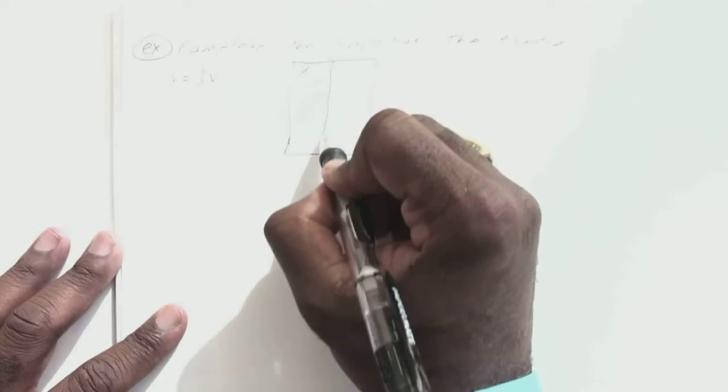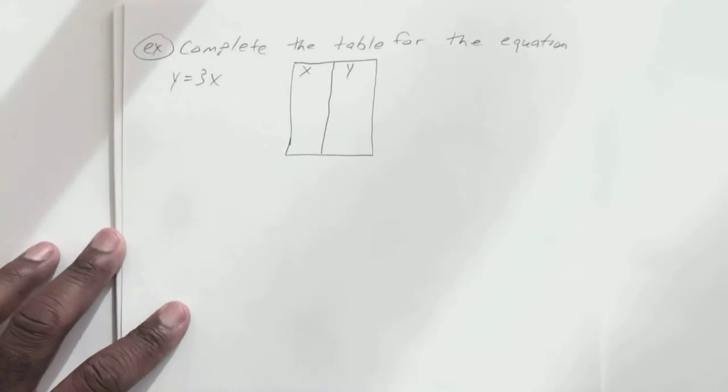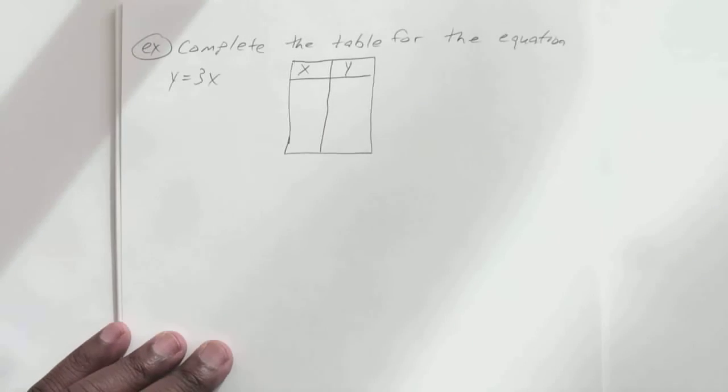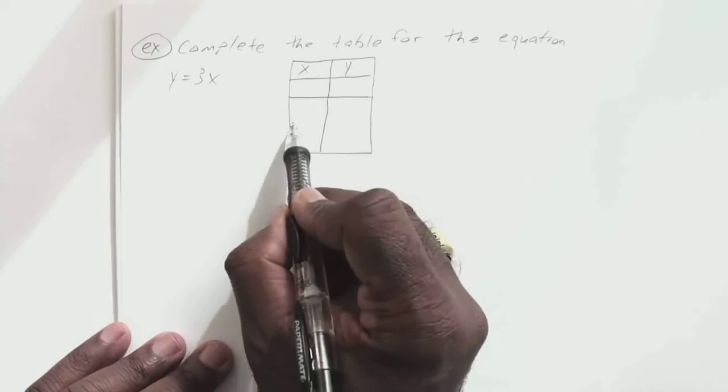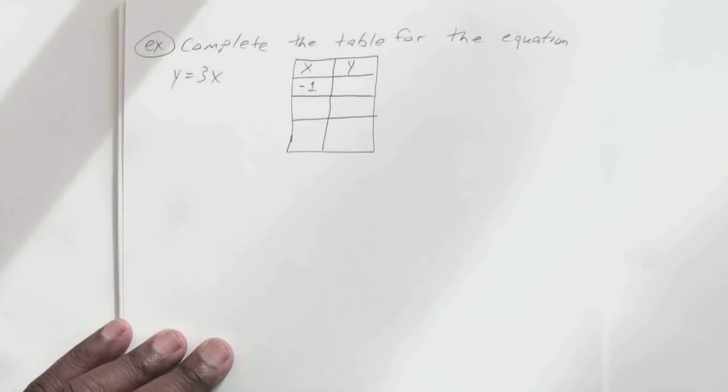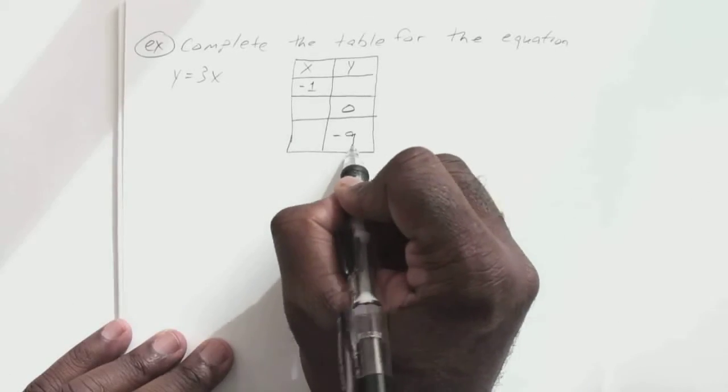Okay, this is our x, and this is our y. Okay, so let's say we get 3 sections here. We have -1 here. We have 0 here. We have -9 there.